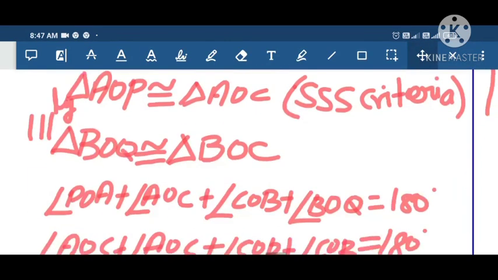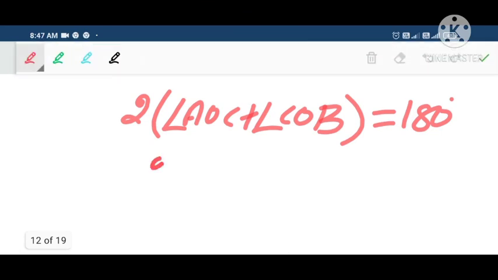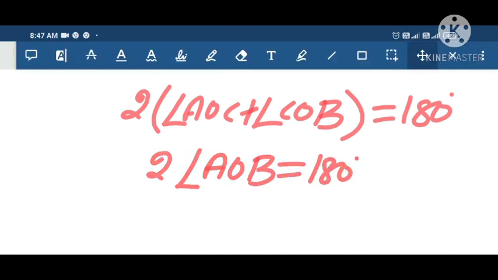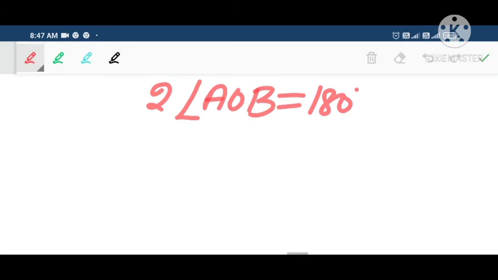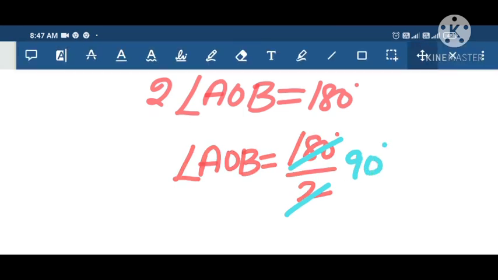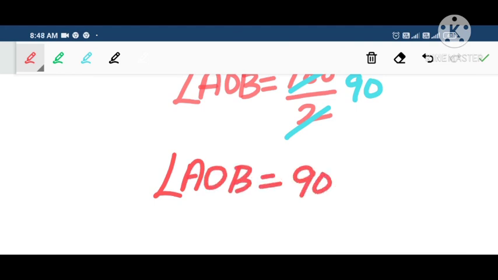So 2 times angle AOB is equal to 180 degrees. Next, angle AOB is equal to 180 degrees divided by 2, which is 90. So finally, angle AOB is equal to 90 degrees.